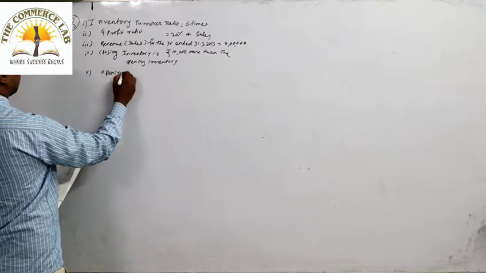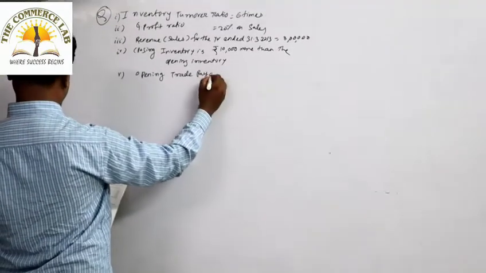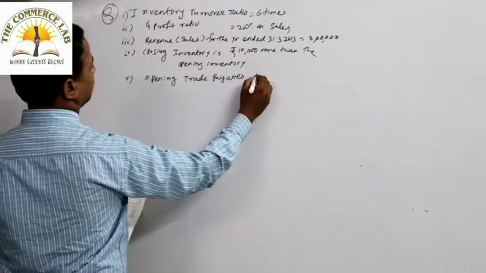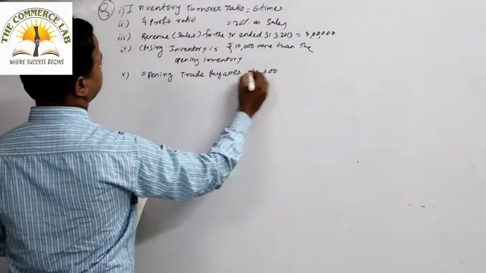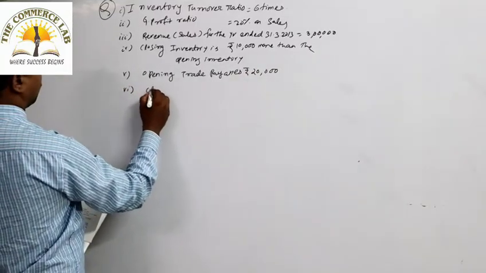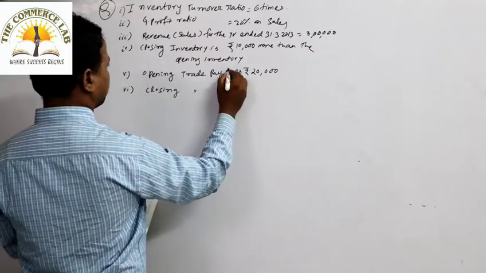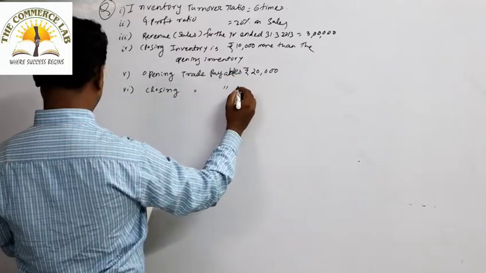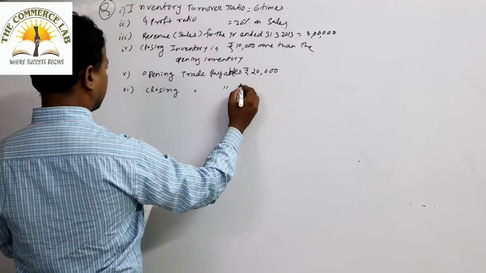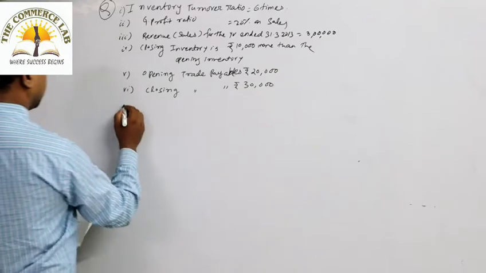Then opening trade payables equal to 20,000. Then closing trade payables are 30,000. These are all in rupees.